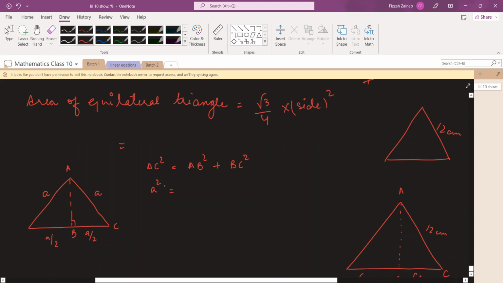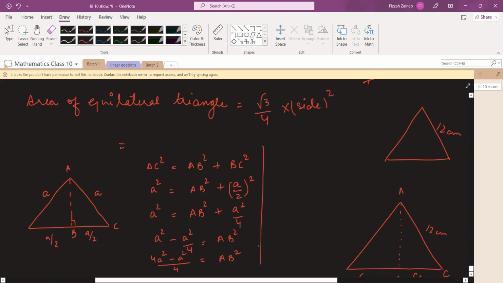So AC is a, so a square, right? AB I want to find. And BC is now (a by 2) whole square, correct? So a square is equal to AB square plus a square divided by 4. So a square minus a square divided by 4 is your AB square. Take the LCM: 4a square minus a square is equal to AB square.